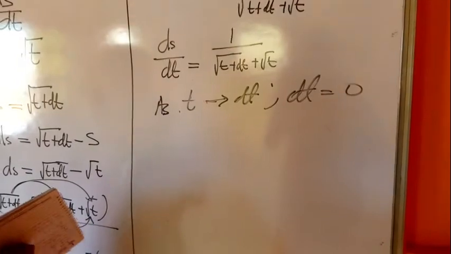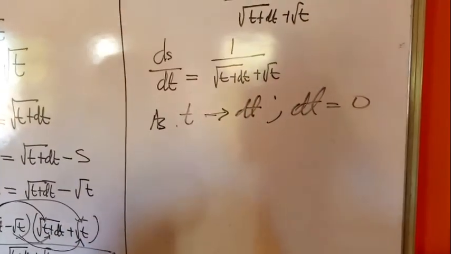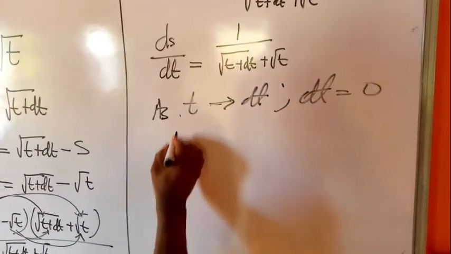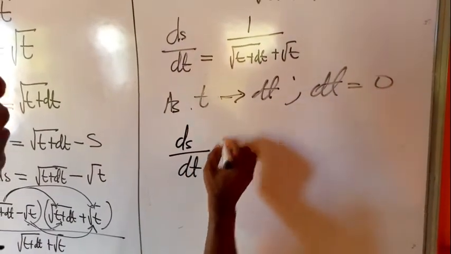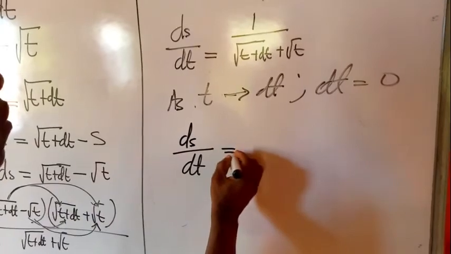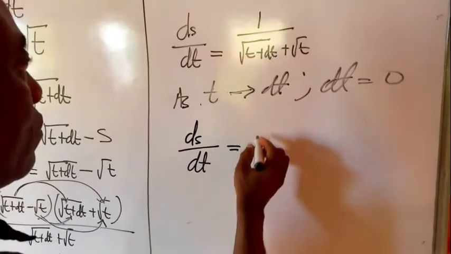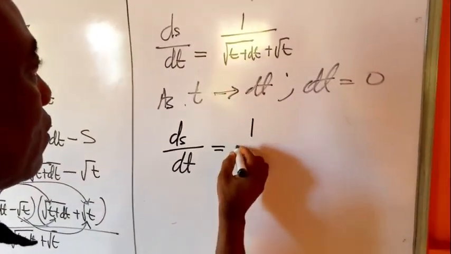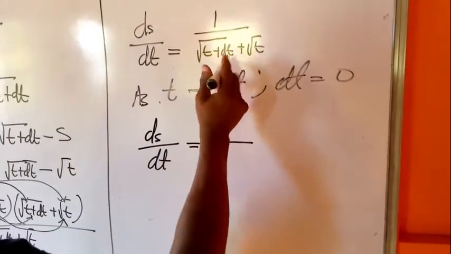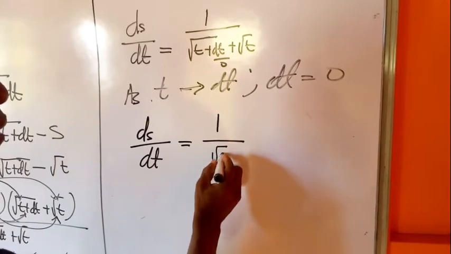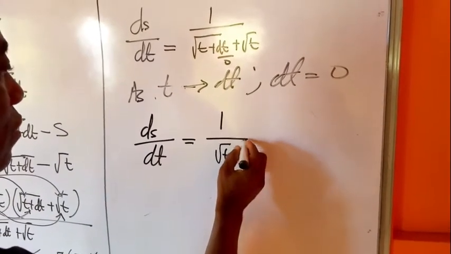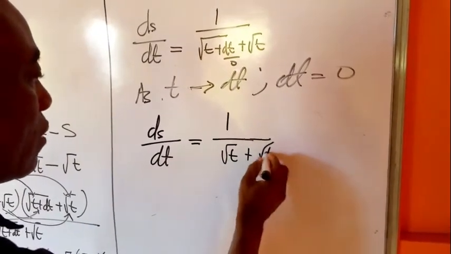So if you have dt equals to 0, which means the δx all over dt is equal to 1 all over root t plus root t, since this dt is now 0.